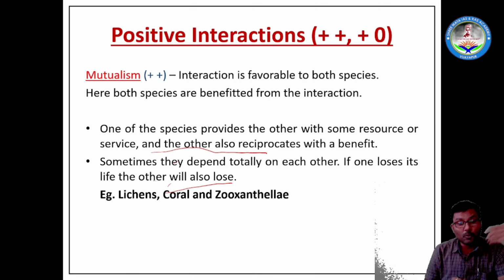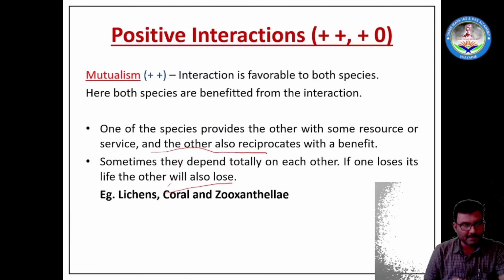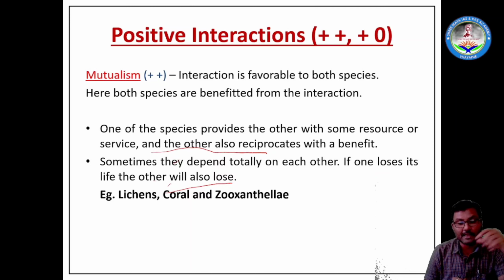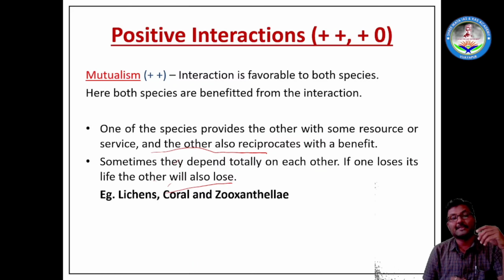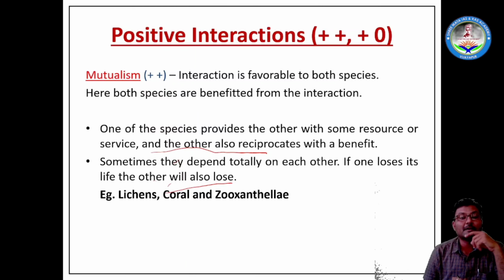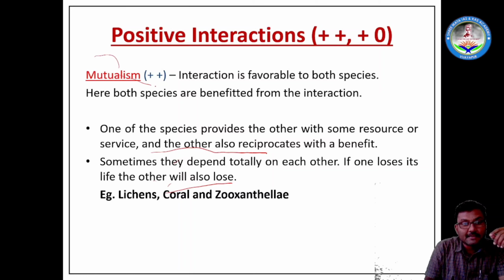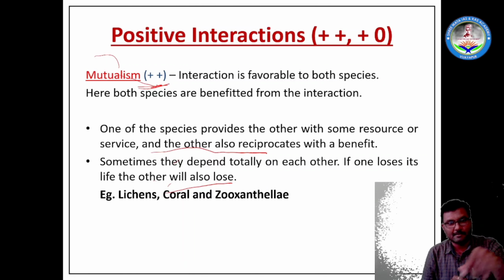That's why corals are colorful, because the color is given by zooxanthellae, which are algae-type organisms. Zooxanthellae and polyps are both mutually benefiting in this process. This is called mutualism, and the sign is plus and plus.